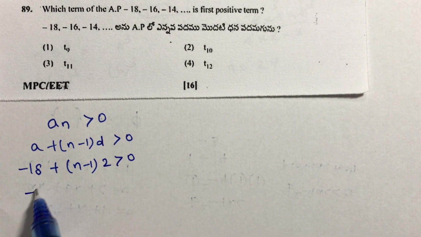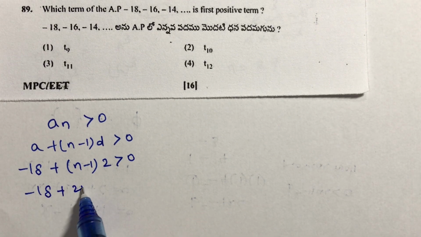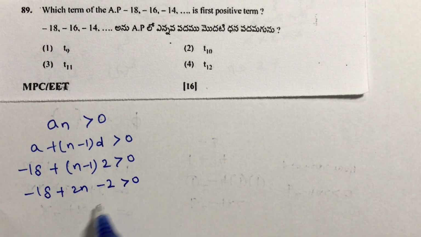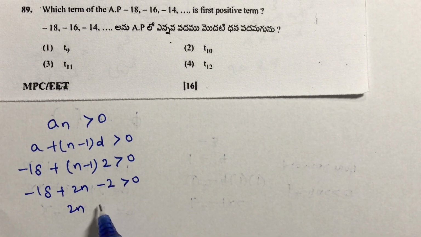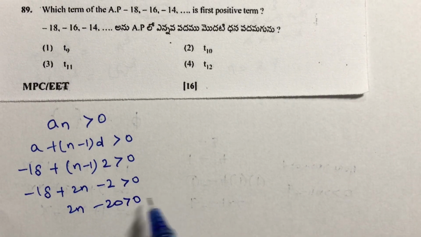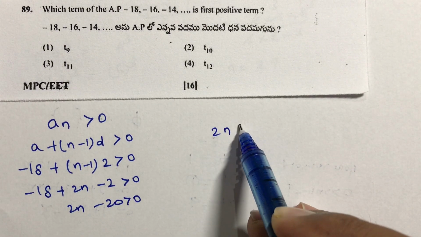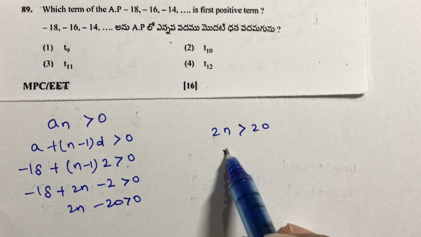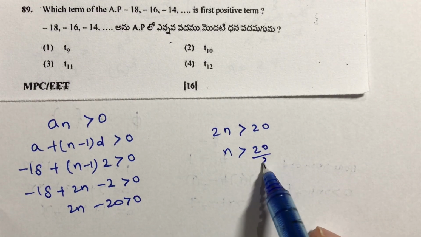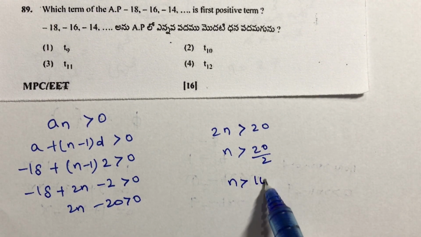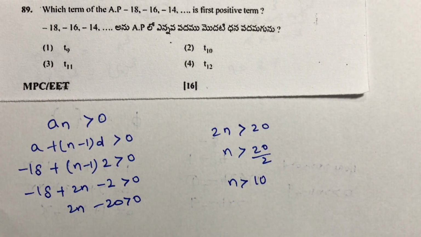So minus 18 plus 2n minus 2 is greater than 0. 2n minus 20 is greater than 0. So 2n is greater than 20. N is greater than 20 by 2. N is greater than 10. So greater than 10 will be the 11th term.